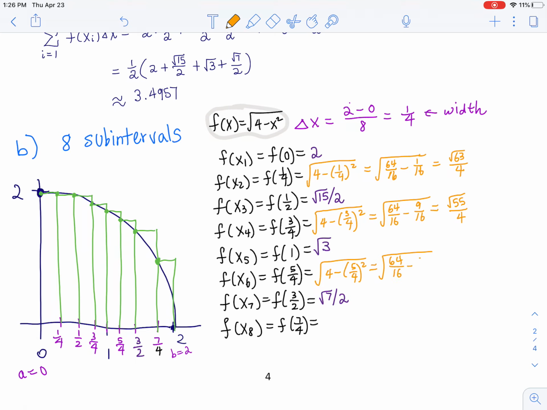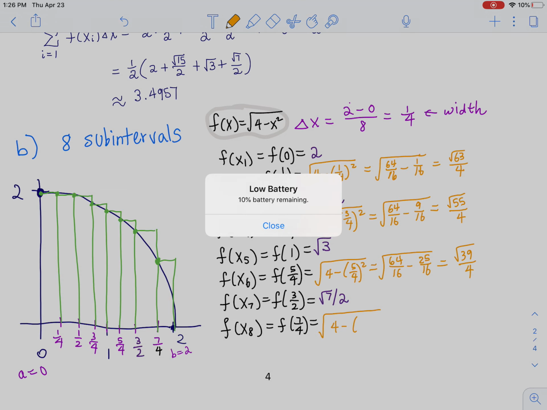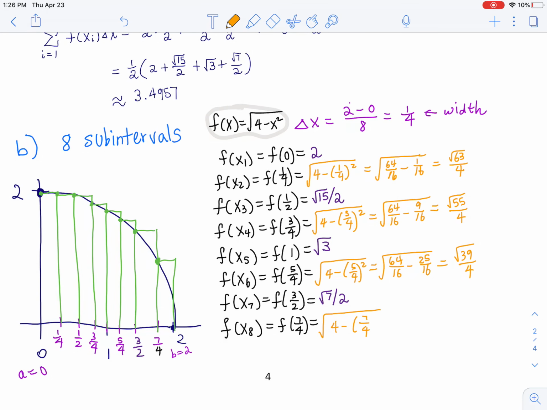This one is 4 minus 5 over 4 squared. Oh, it's a little tedious, but it's okay. I feel happy doing this. So what's that? This one is 64 over 16 minus 25 over 16. And if I subtract 64 minus 25, I get 39. So this number is square root of 39 over 4. Yay, the very last one now.